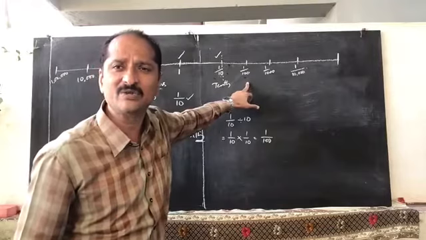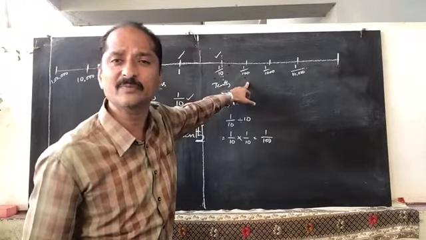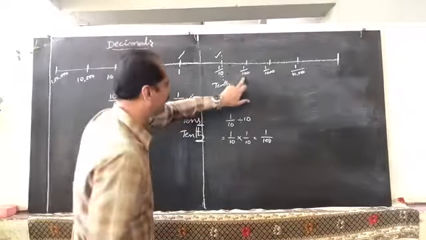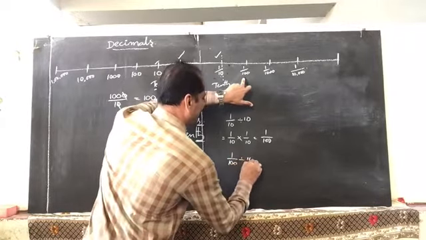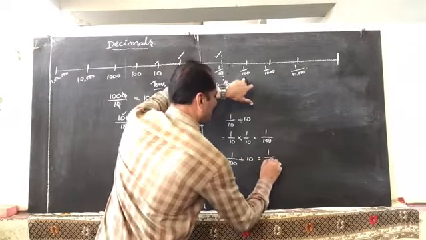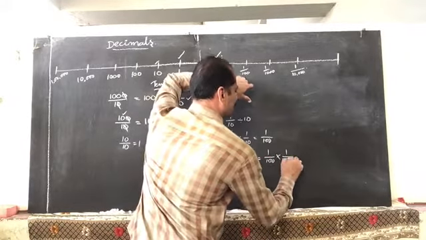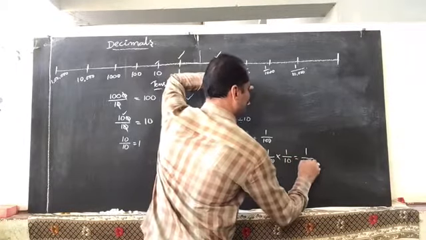This place is known as 100th place. Next lower than 100th place: to get it, divide 100th place by 10. 1 by 100 divided by 10 is nothing but 1 by 100 into the reciprocal of 10, which is 1 by 10. So 1 by 100 into 1 by 10, 1 into 1, 100 into 10 is equal to 1000.